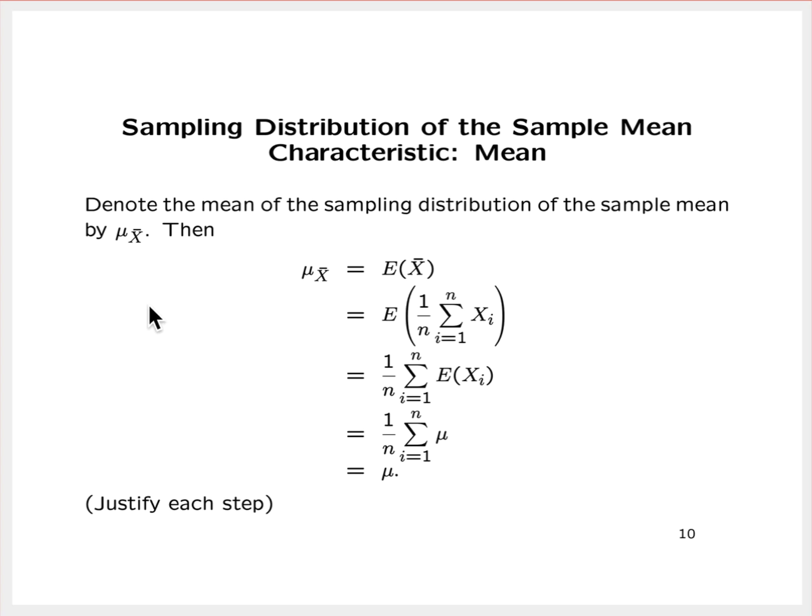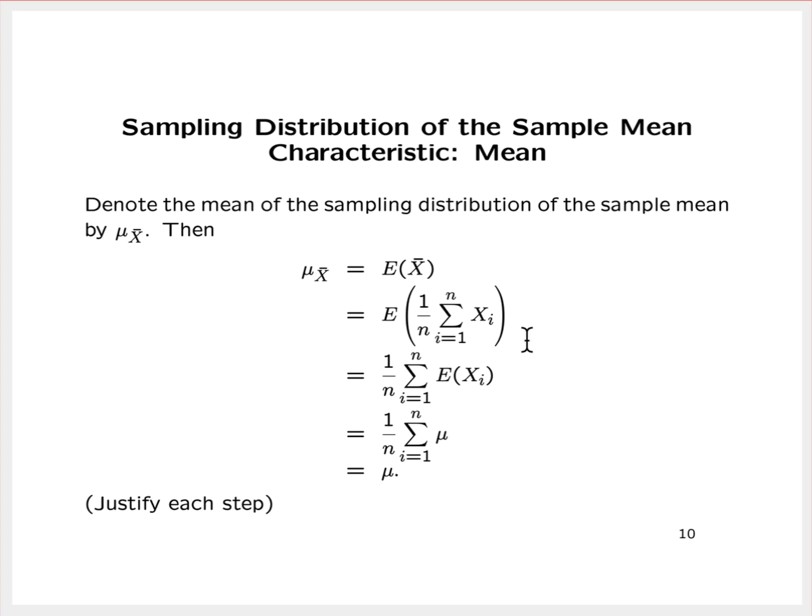So denote the mean of the sampling distribution of the sample mean by mu sub x bar, as we've already stated. Another way to write that would be the expected value of x bar. Well, x bar, the sample mean, is just 1 over n times the sum, i going from 1 to n, of the x's. And so I can replace x bar by that expression.